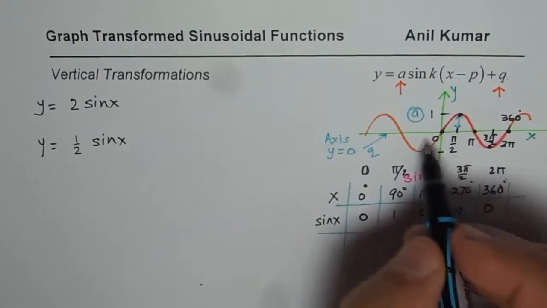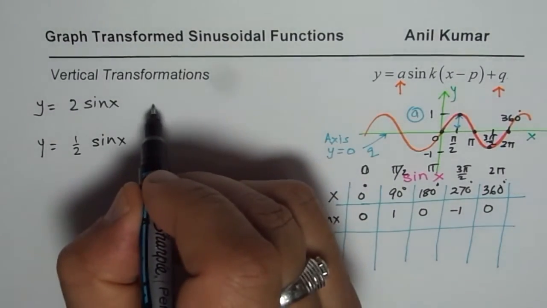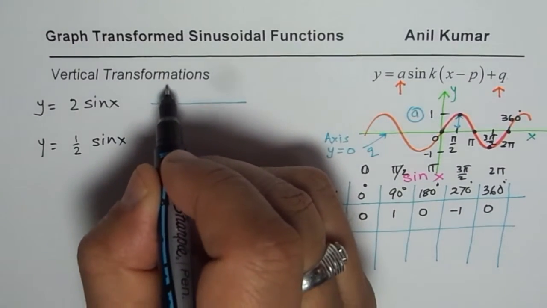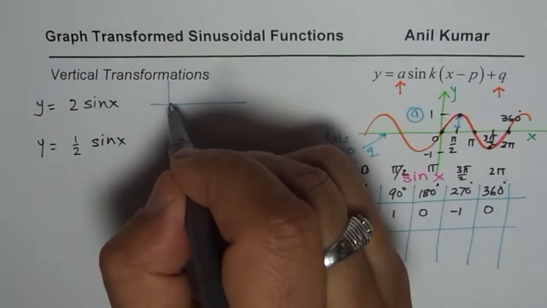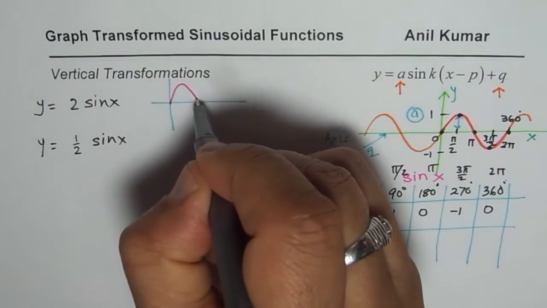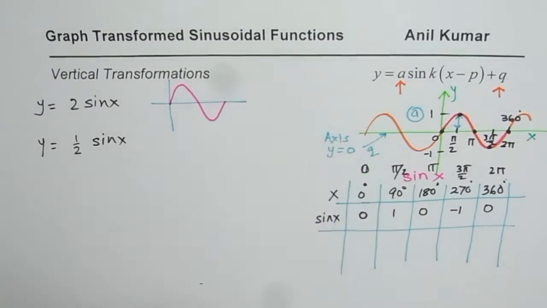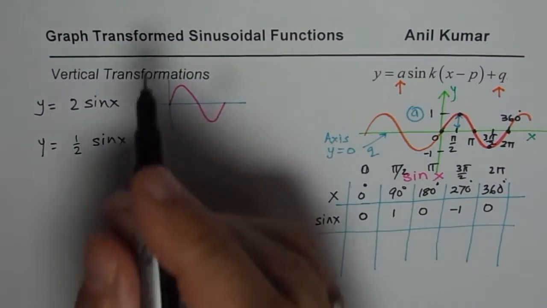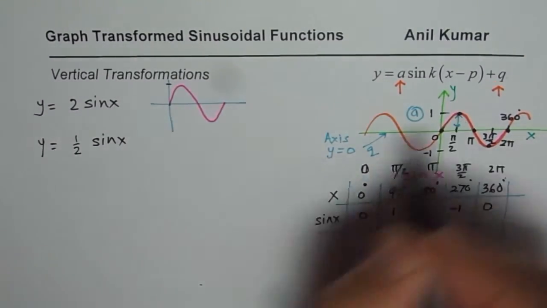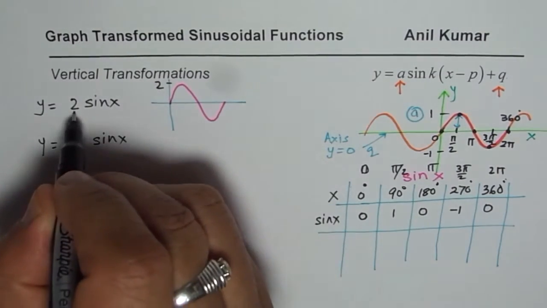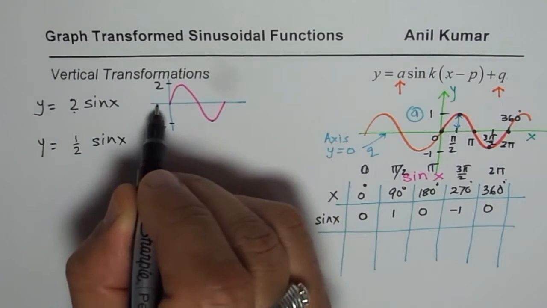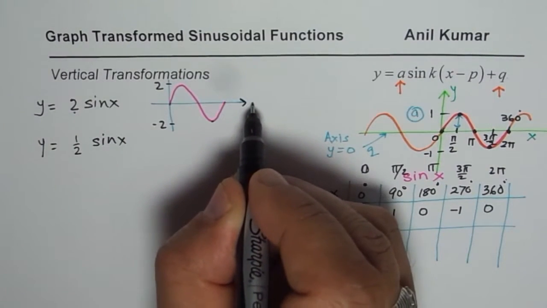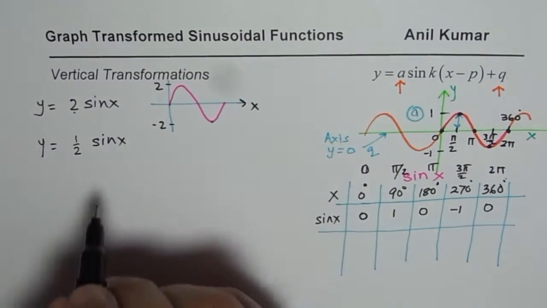In that case, let me draw the axes x and y. What really happens is that the amplitude increases. I'm drawing only one cycle. So the amplitude becomes not just 1, it becomes 2, and this becomes minus 2. The axis here remains at y equals 0.